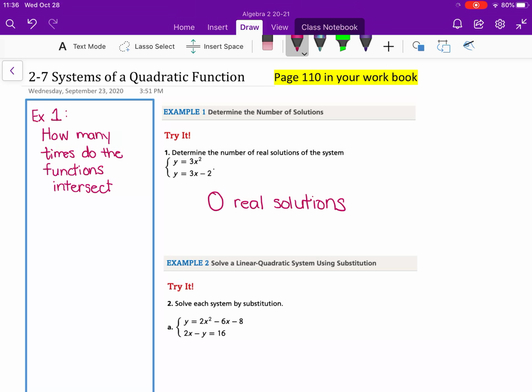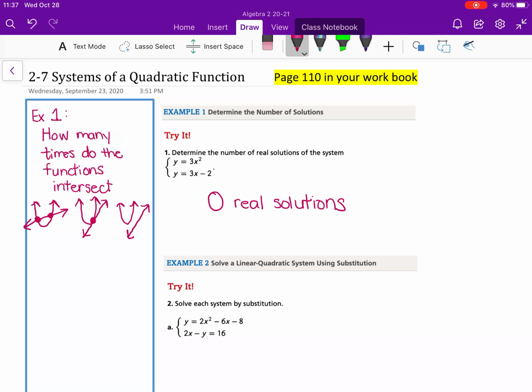If we think about the possible types there could be, I could have a graph of a quadratic and a line that touches twice. I could have one where they touch once. Or in this case, we had it where they never touch.